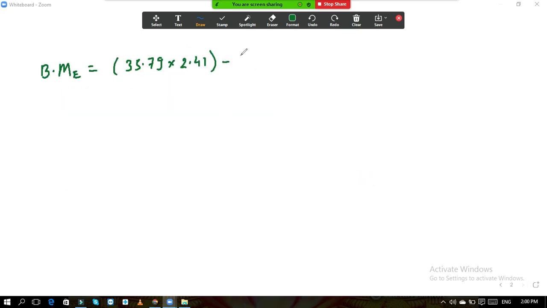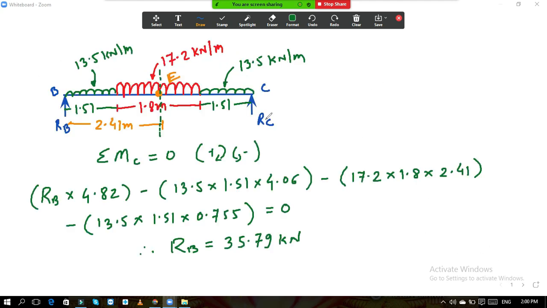So it is minus 13.5 into 1.51 into 1.65, please cross verify the answers. Okay. Again minus. Now what is remaining? This much of UDL is remaining.